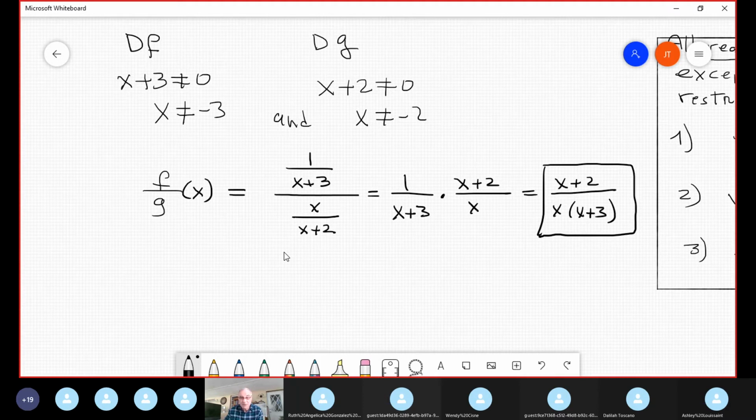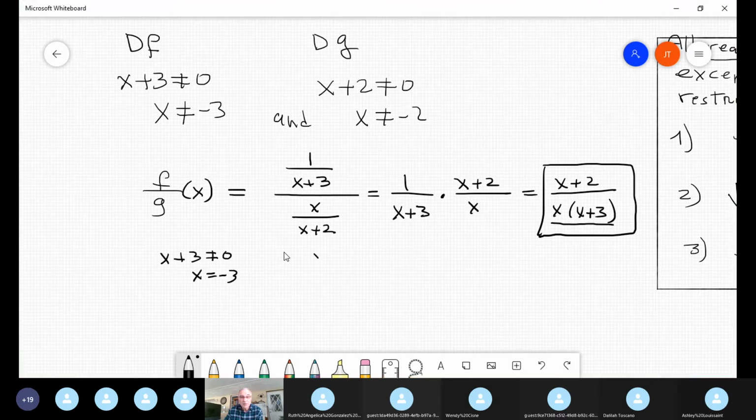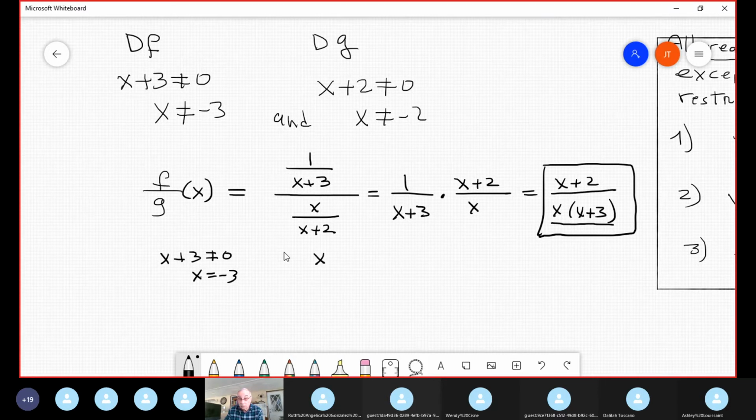I can see that in the denominator we have two bad guys, x alone and x plus 3. Non-zero -3, and x alone, the second part, non-zero. You have two bad guys.